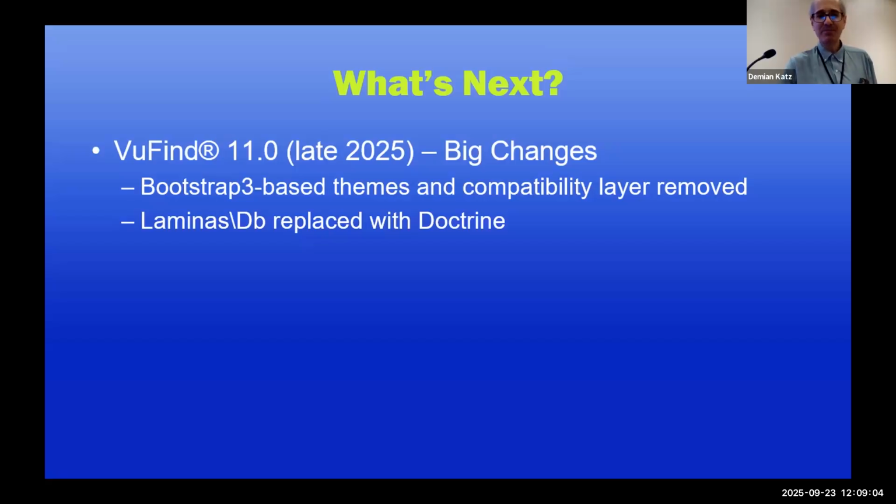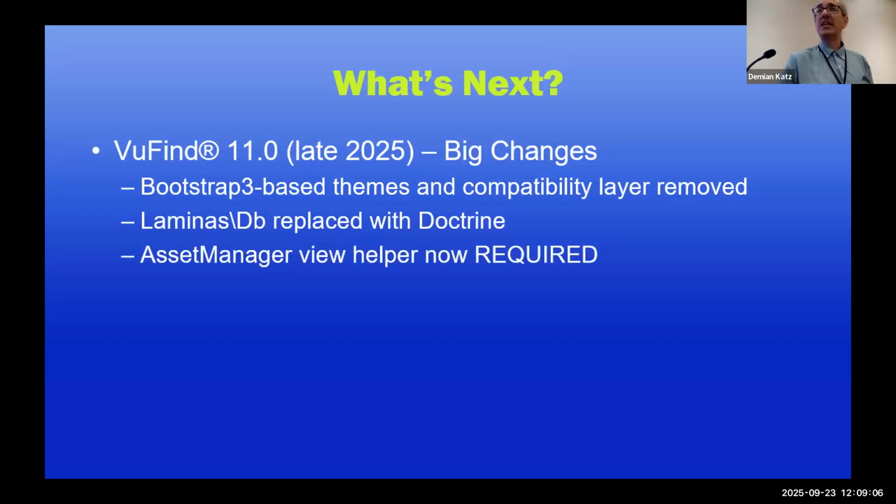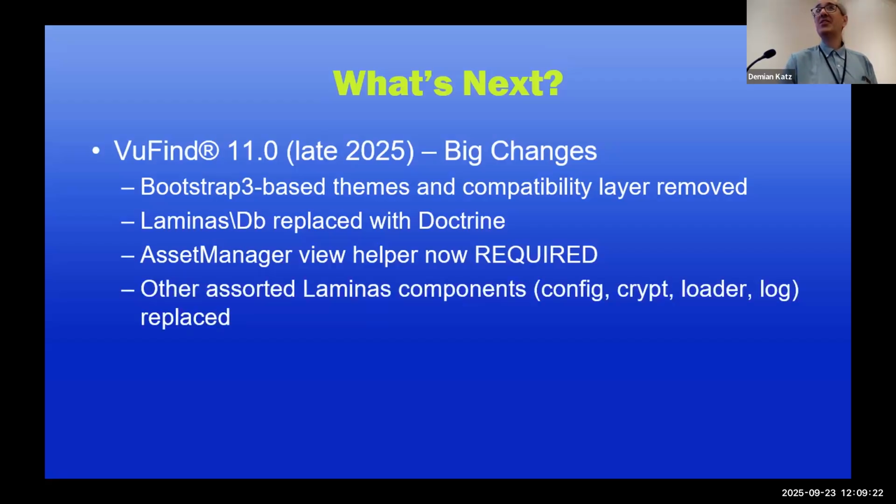Doctrine is nice. The asset manager view helper that I mentioned being introduced in 10.2 is required in 11 in order to upgrade the Laminas view library. We had to cut the cord on our custom subclasses of some of their view helpers. And it's going to be a recurring theme of today's talk that Laminas is going through a lot of change.